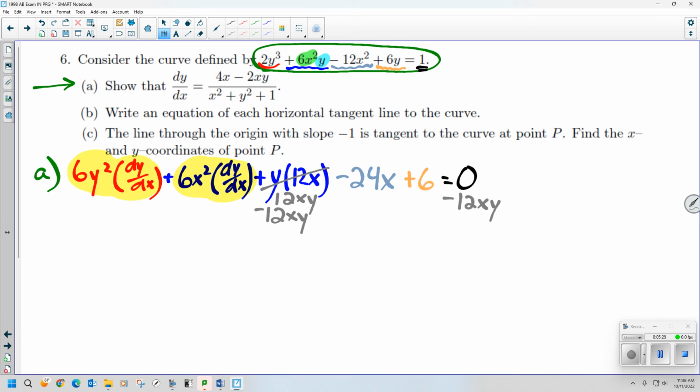I'm going to add 24x, plus 24x. Really, I could have reduced all these numbers. I could have divided a 6 out of everything first. We'll do it afterward. And let's subtract 6.